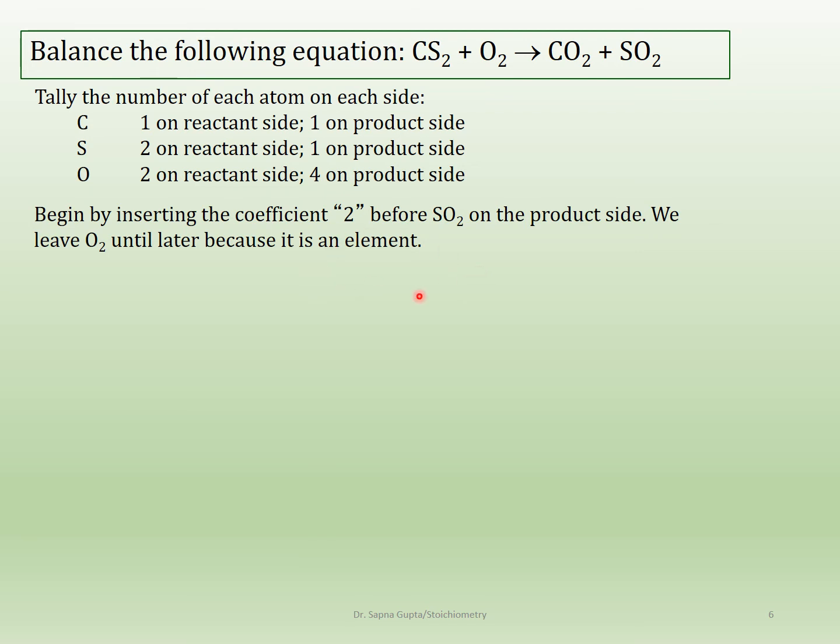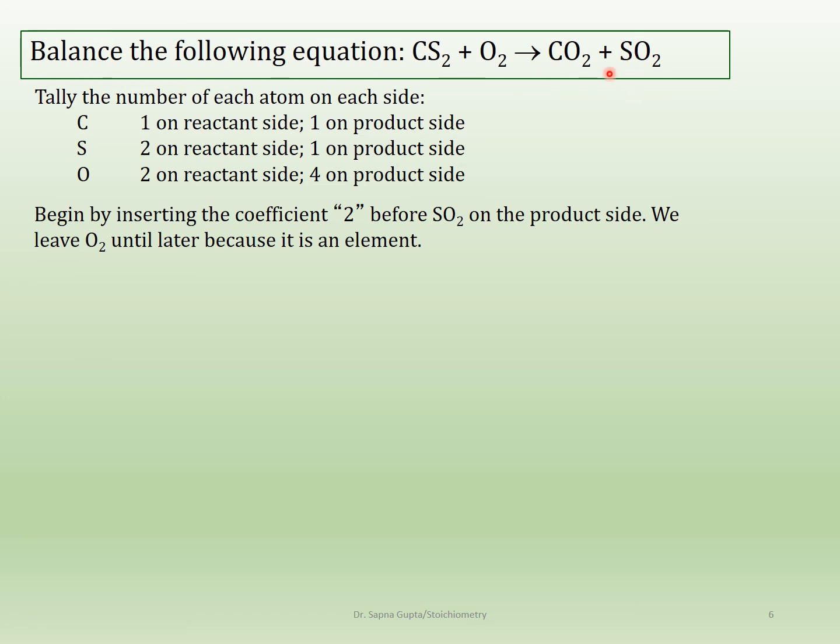In general, the goal really is to leave all the elements to balance out at the end, so that way you don't have to worry about changing all the other compounds. So leave oxygen for the end because it exists by itself. If you change the number of oxygen, it will not affect anything else.